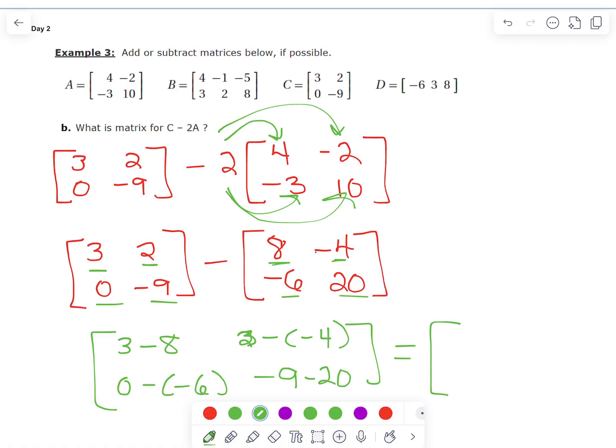So 3 minus 8 is -5. This becomes an addition. That becomes addition. And then -29.